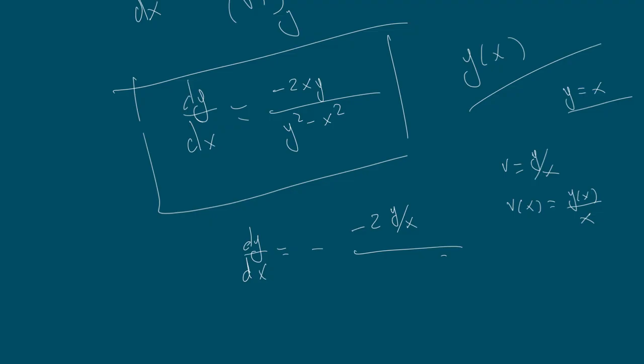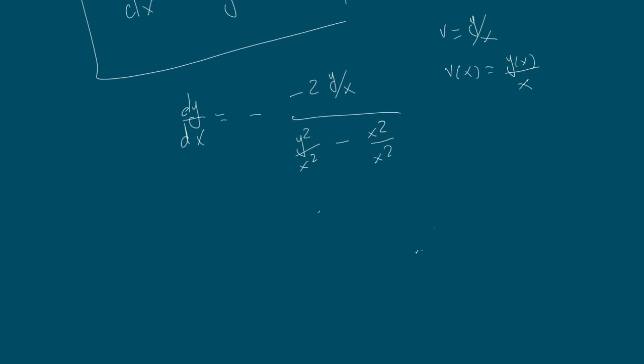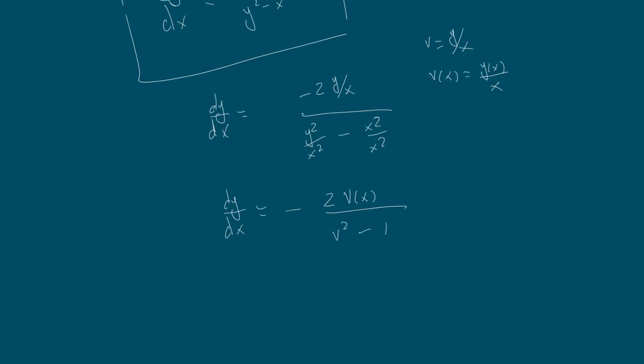And because we have divided the numerator by x squared, we have to divide the denominator by x squared. So the equation is dy/dx equal minus 2 times v of x divided by v squared minus 1. And this is the equation that I will have to solve.